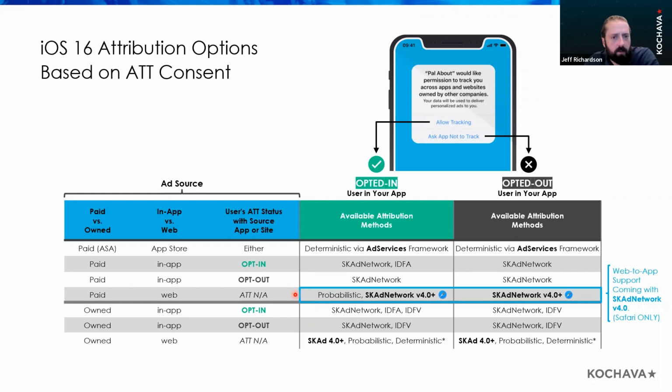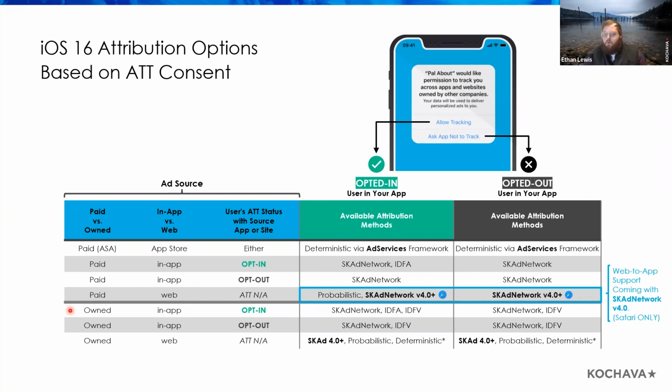And Ethan, on the owned media front, anything you would add? Yeah, I think you hit on some of it for the most part, but for me, it's really about making sure that signal clarity for owned media is either coming in with your SKAd data, or you have clarity in isolating out your owned media strategy to make sure that you're not getting competing signals across SKAd and owned media.